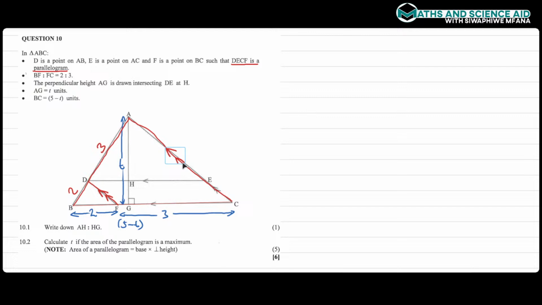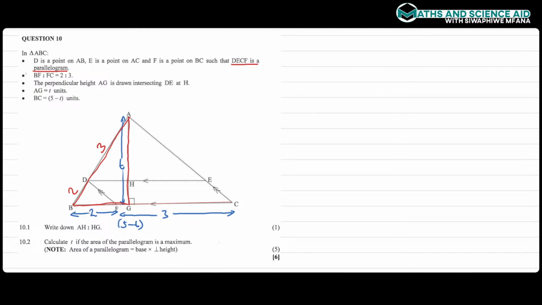And now after noting that, we are going to focus on another triangle here, because we also have this triangle now. It's the triangle that has AH and HG. So it's triangle ABC. No, ABG.